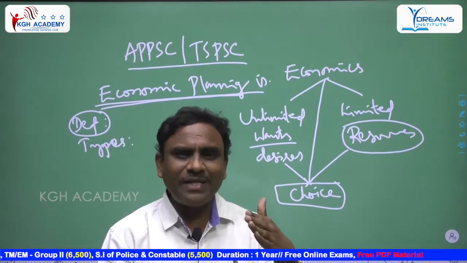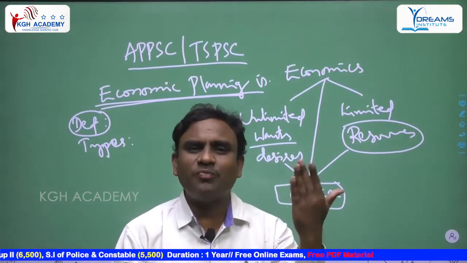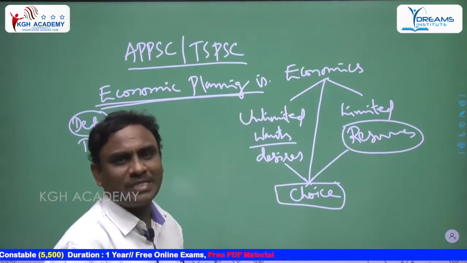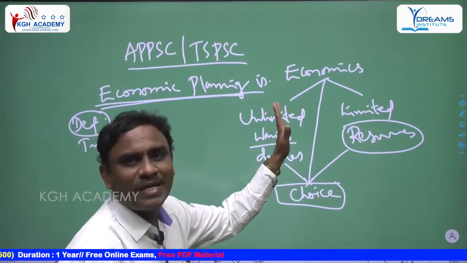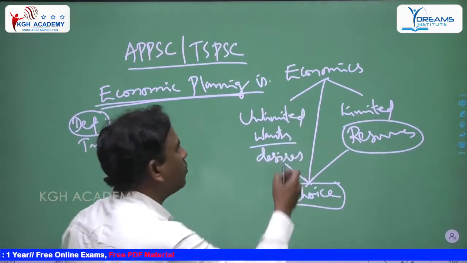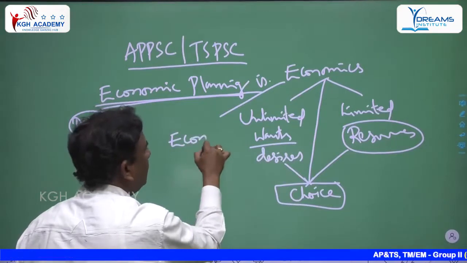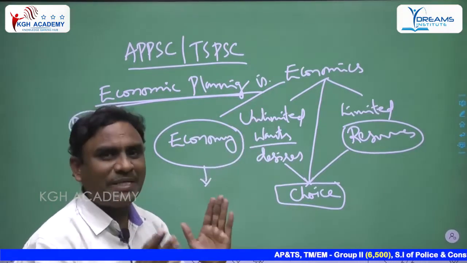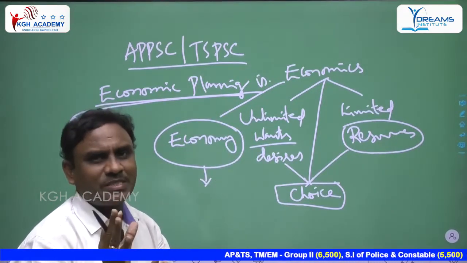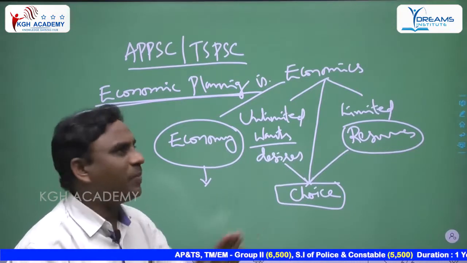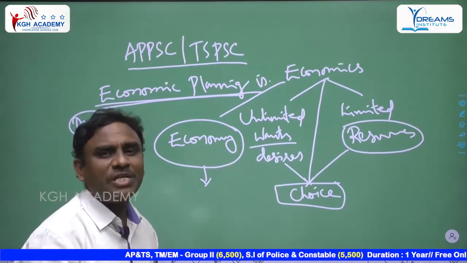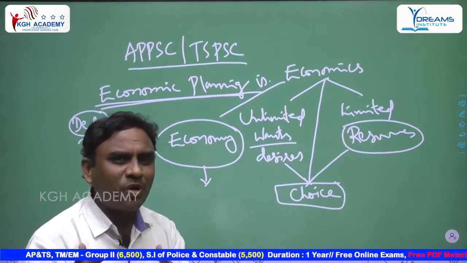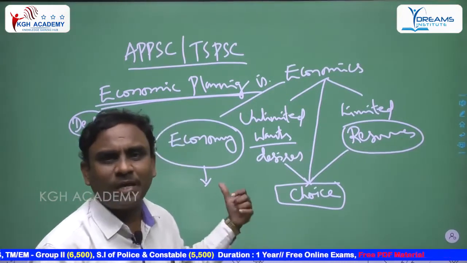Like this in economy, desires are different from resources. Choice is studied by economics. Economics is a pure science. We are discussing economics as well as economy. Economy means the application part of economics. All theories and definitions are studied by economics, whereas the application part is discussed by economy, and the solutions of different problems are also discussed by economy.